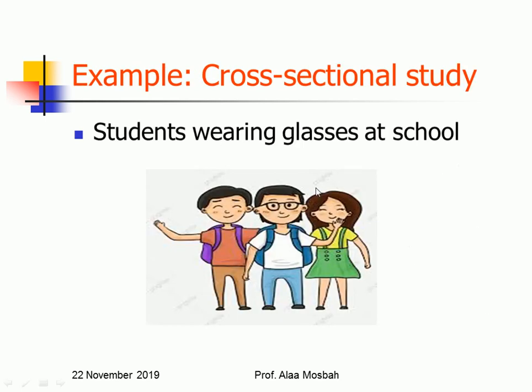For example, if I want to know the number of students who are wearing glasses at school, this is called a cross-sectional study. Another example, if I ask the outpatient clinic for sexually transmitted disease to detect cases with HIV, what is the type of this study?